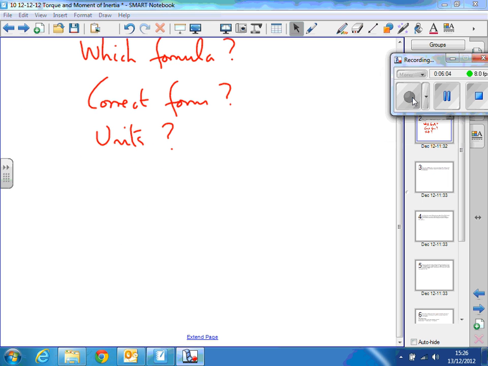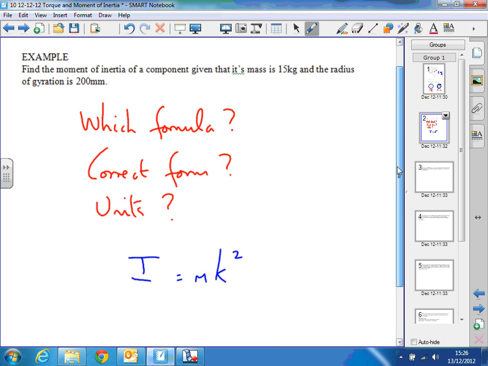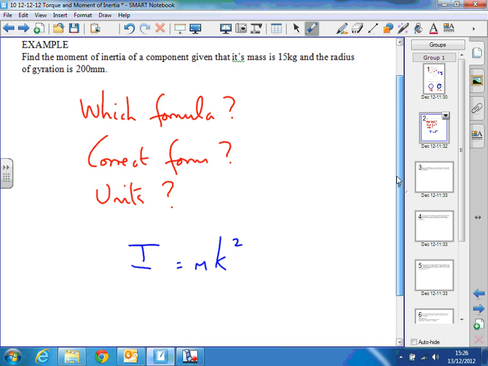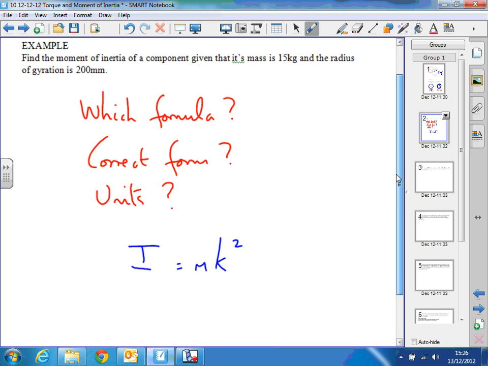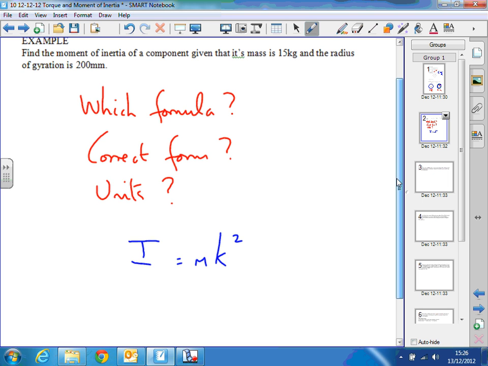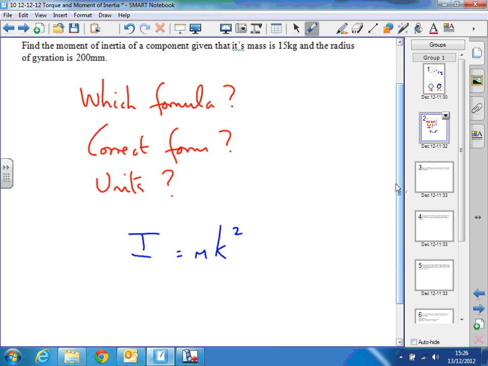The formula is I equals m k squared, one of the ones on the previous sheet, where m is the mass and k is the radius of gyration. We want to find the moment of inertia, so it's in the right form. I equals, and all we need now is the mass and the radius of gyration. We're given both, so what's the only other thing to consider?